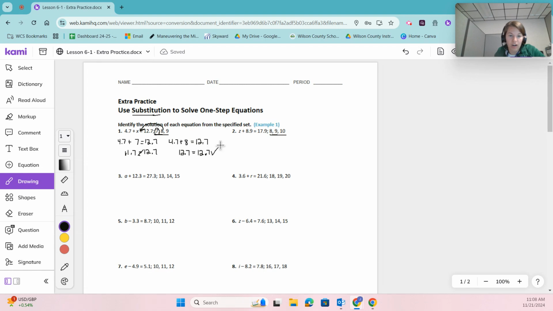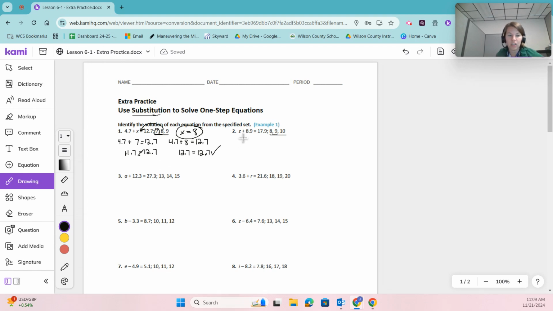That is correct. So x equals 8 is your solution. That is what x would equal in this equation. You can always double check 9 to make sure you didn't accidentally do something wrong there. That way you make sure that you get the right one.